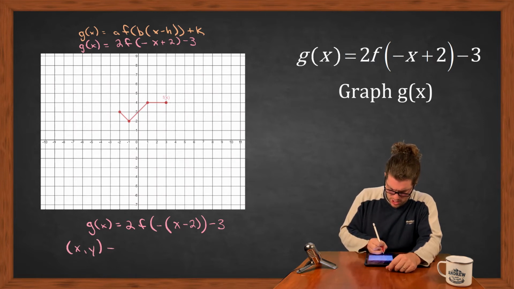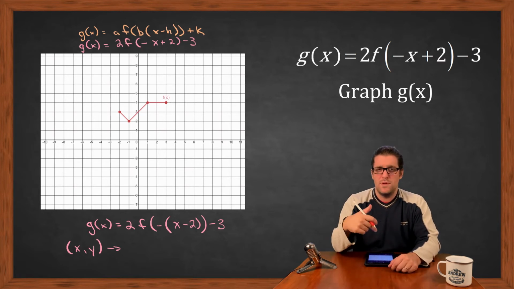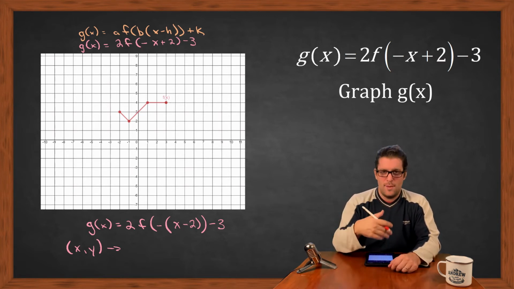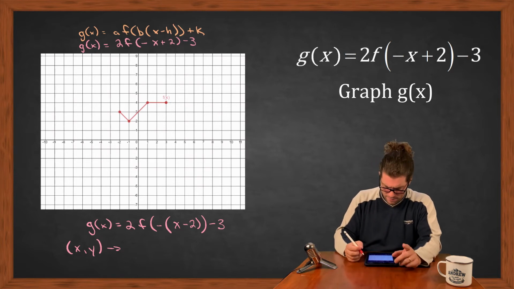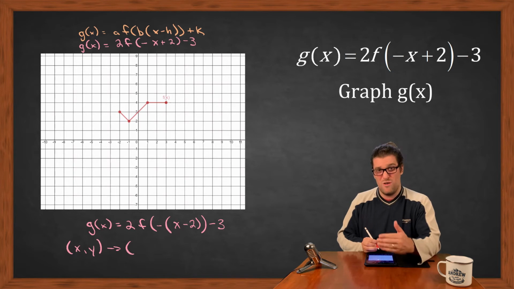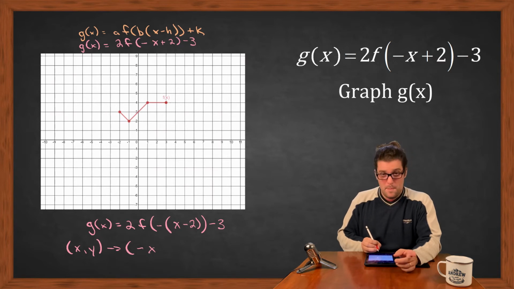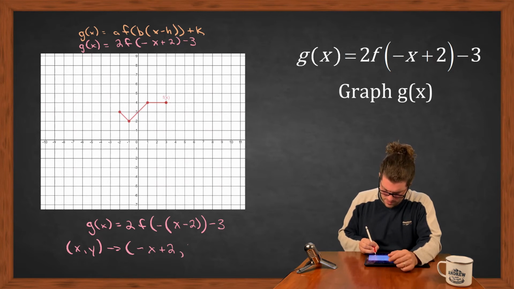Mapping notation generally would take some x, y point and map it onto 1 over b times x plus h, comma a times y plus k. For us, the 1 over b is going to be 1 over negative 1, which is just negative 1 again. So it's negative 1 times x plus the h value, which is an h value of 2. And then a, my a is 2, times y plus k, which is actually a minus 3.